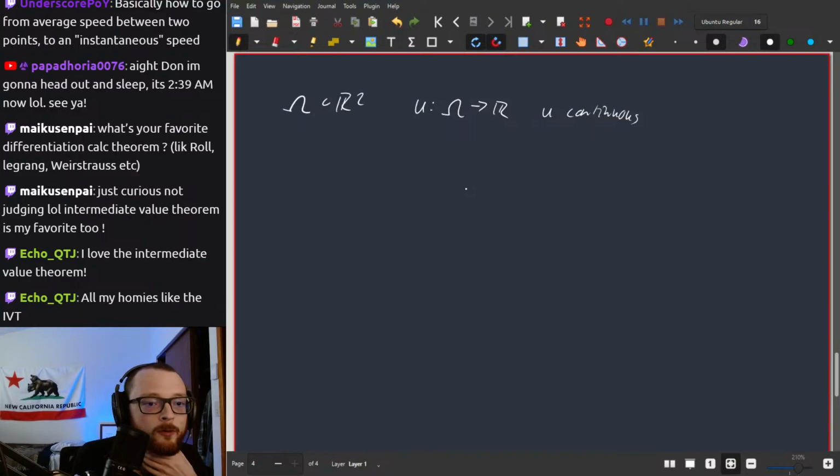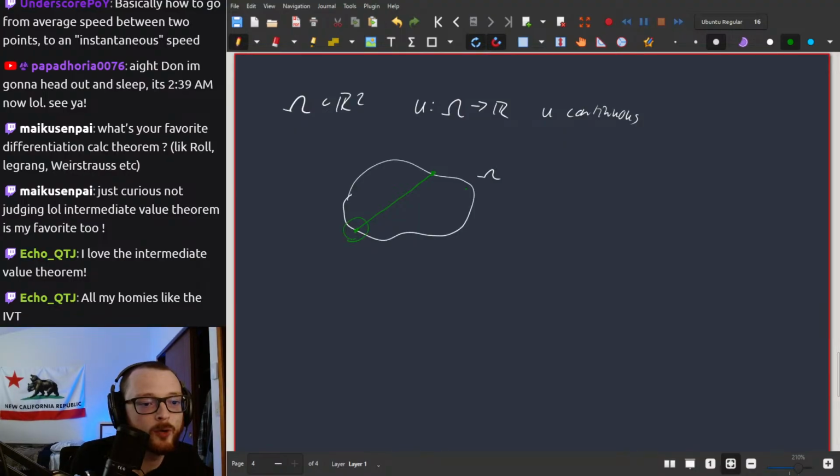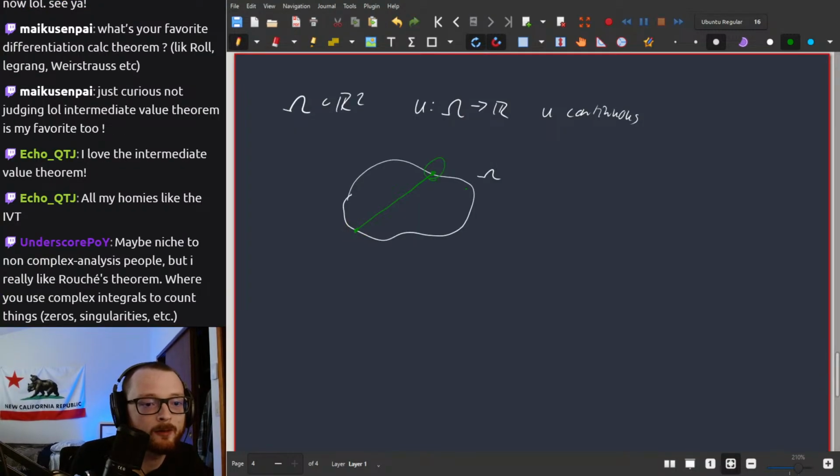You can use the intermediate value theorem in this situation if you just take secant lines on your domain omega. Whatever the value of the function is at this point here on the boundary, whatever the value is there, you can use the intermediate value theorem on this line connecting them, which is kind of cool.